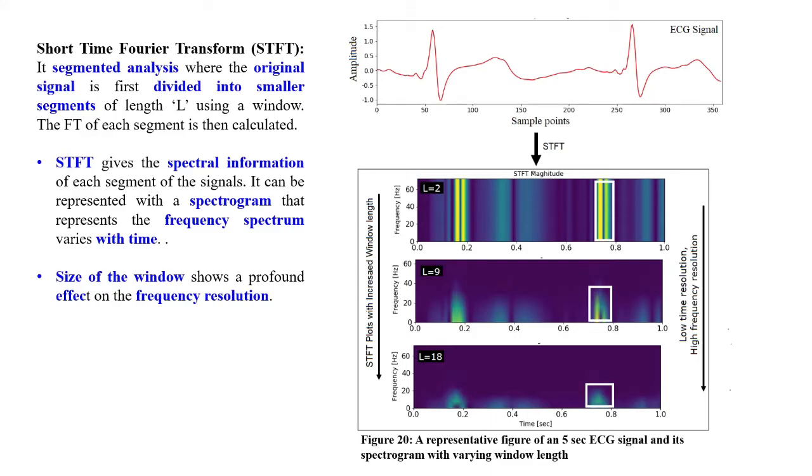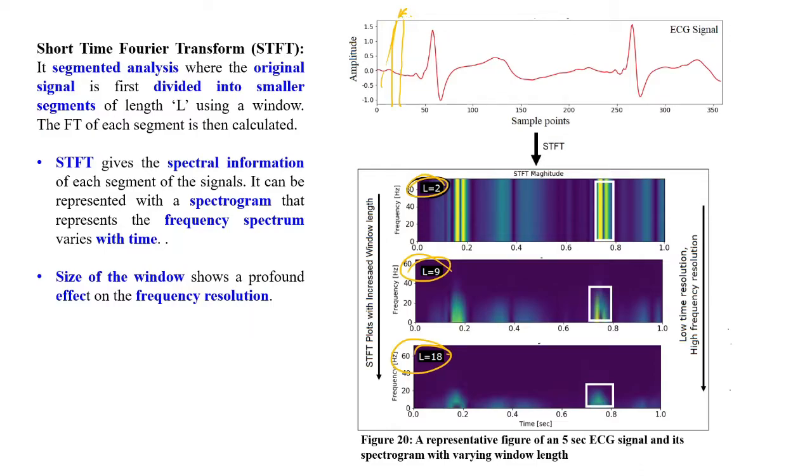So this is how a short time Fourier transform would look. What is the short time Fourier transform? If you see, we have given L equals 2, L equals 9, L equals 18. What the short time Fourier transform says is that we will take a window like this one in the time domain. We extract the signal component and perform the Fourier transform.